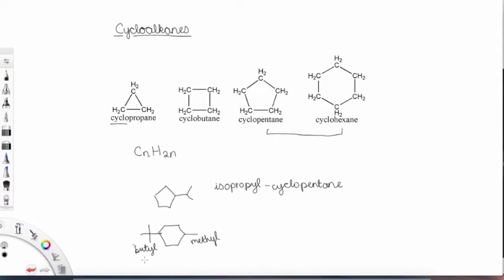Alphabetically, butyl will come before methyl. So we're going to name this as the first carbon, second, third, and fourth, so that this would be 1 tert butyl, because of the structure, 4 methyl, cyclohexane.